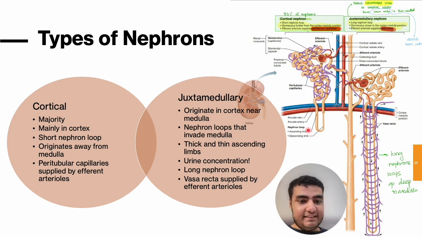These long loops have a lot of vessels surrounding them, the vasa recta, which come out from the efferent arterioles. And these vasa recta allow maintenance of a concentration gradient, which causes the concentration of urine. So why are juxtamedullary nephrons important, even though they form only about 15% of nephrons? Because they are very important in concentrating urine.